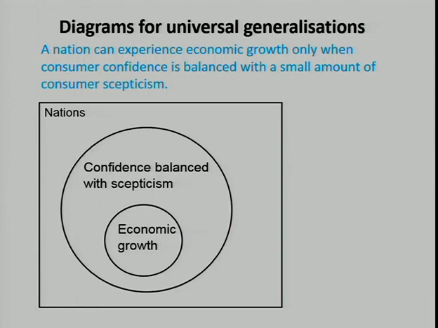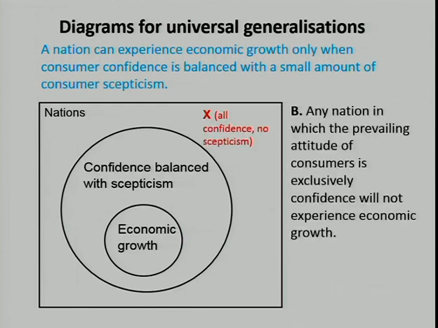So confidence balanced with skepticism is the only way that economic growth can happen. That does not mean that always when we have those two conditions, economic growth will happen. This is just a subgroup of that. So that's the first important thing to see. All instances in which economic growth happen are instances in which confidence is balanced with skepticism, not the other way around.